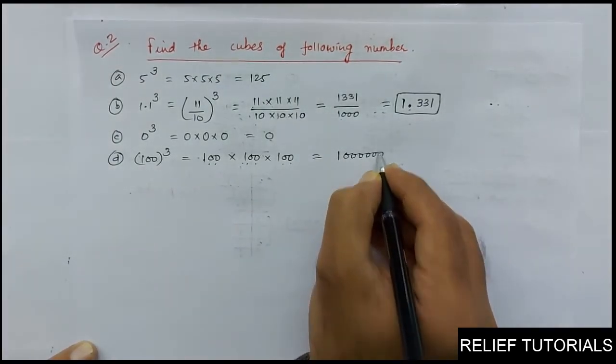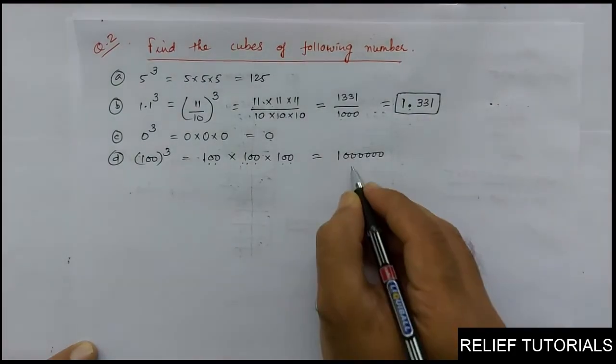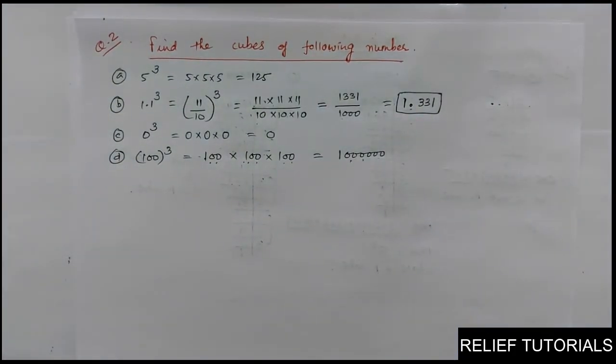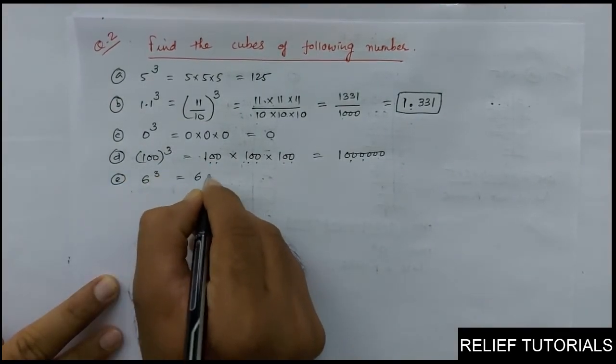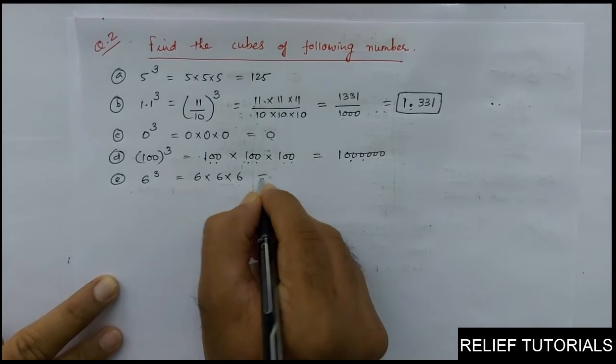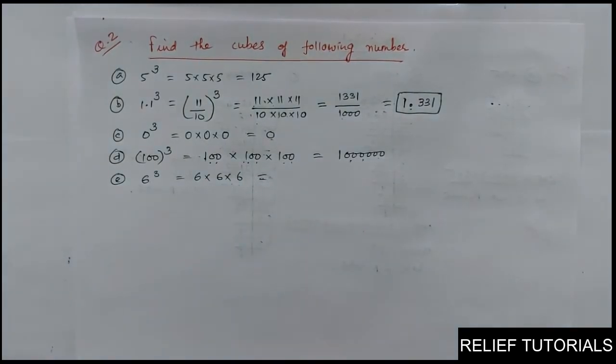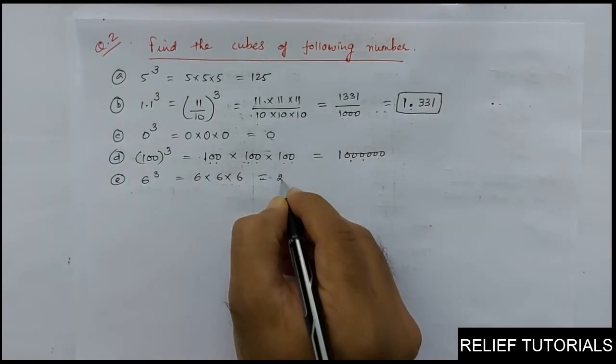Okay, it's 10 lakh. E, 6 cube. 6 cube means 6 into 6 into 6. I think 6 cube is very easy to remember. 6 cube is 216.